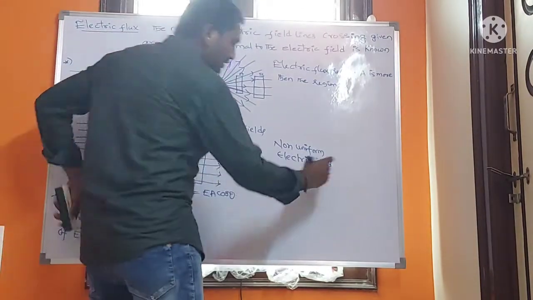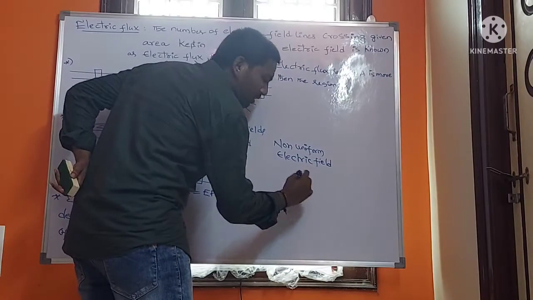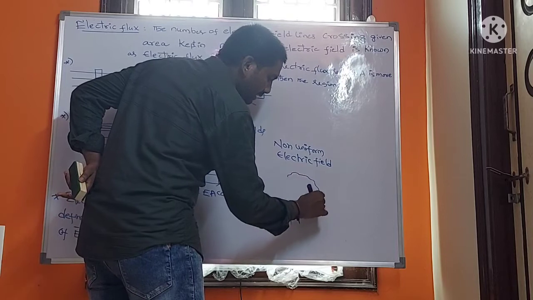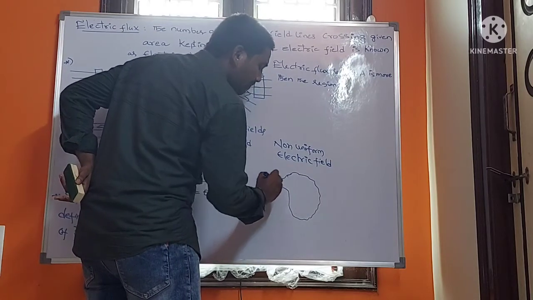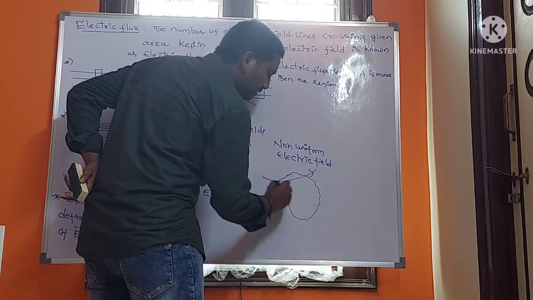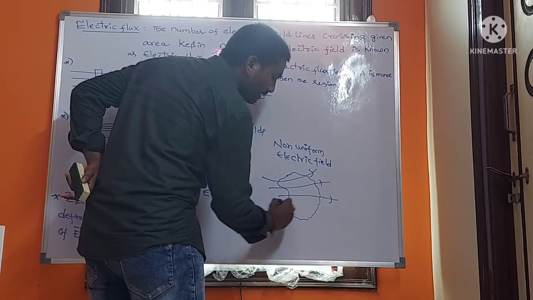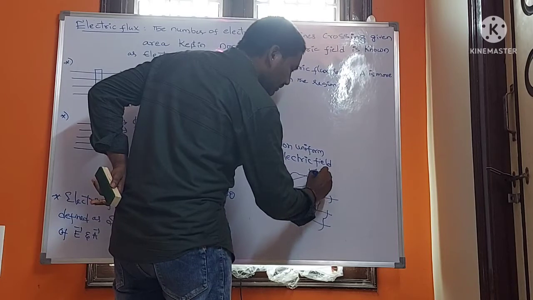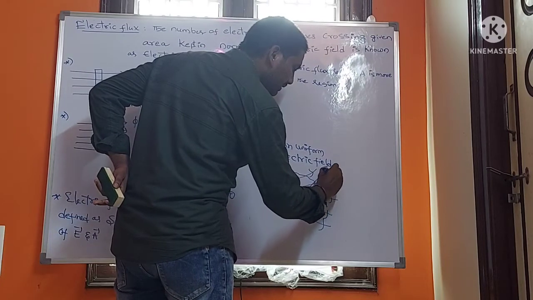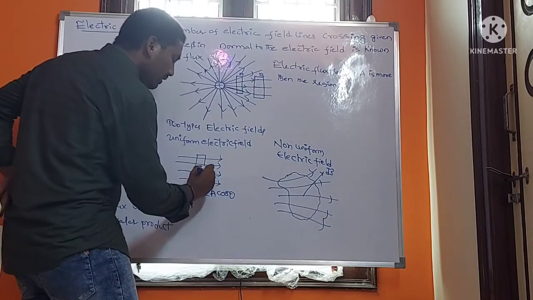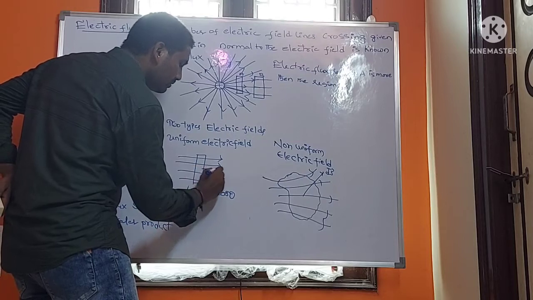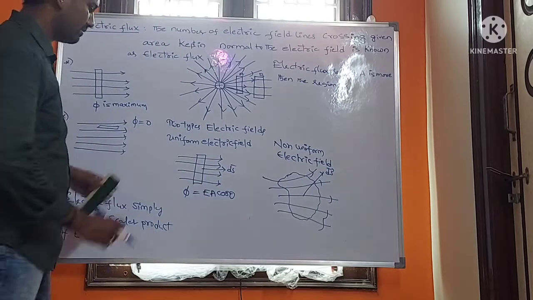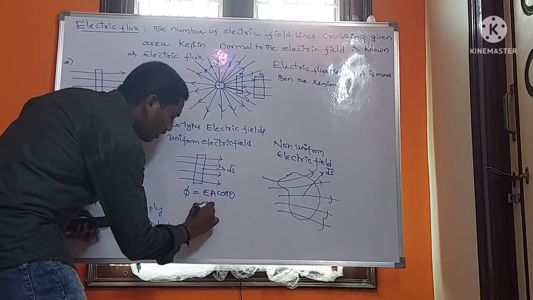Similarly, for a non-uniform electric field or a curved surface, for example, you take a curved surface with a non-uniform electric field in this direction. Here we take the area element ds. Here also is an area element ds.